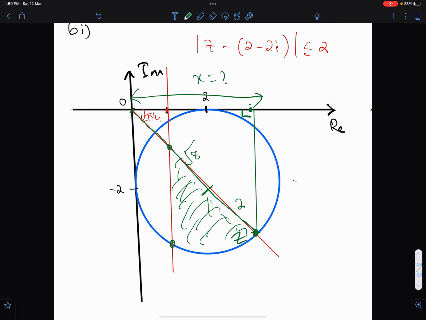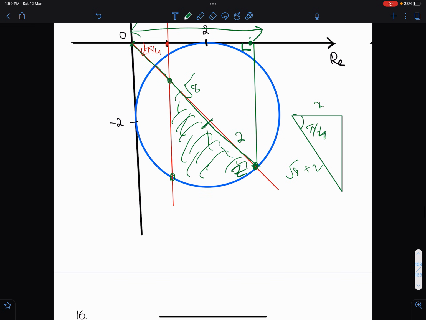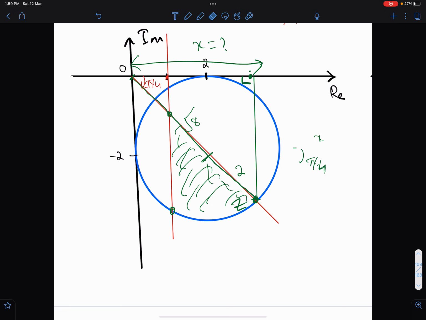So in this triangle we can use cos theta. Cos pi by 4 equals x over under root 8 plus 2, we need x. So by using cos theta in this triangle we can get the greatest possible value of x. So this is a way to solve this question.